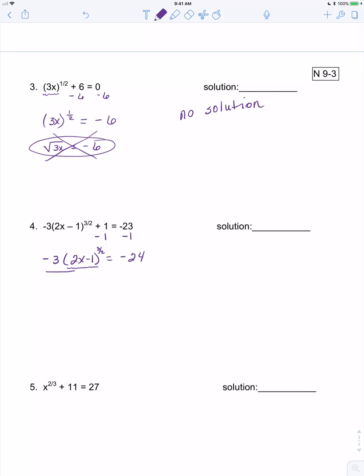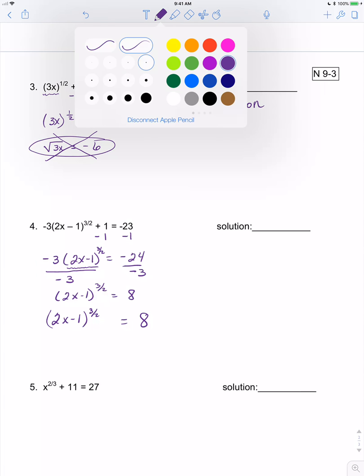So we're going to have to divide this side by -3. We're still working on isolating that radical. (2x minus 1) to the 3/2 power is equal to -24 divided by -3 gives us a +8. Okay, so now we're ready to take this (2x minus 1) to the 3/2 power equals 8.